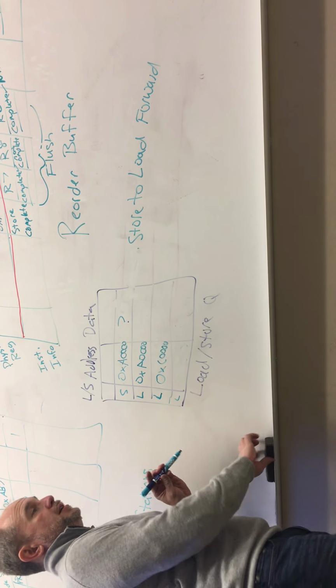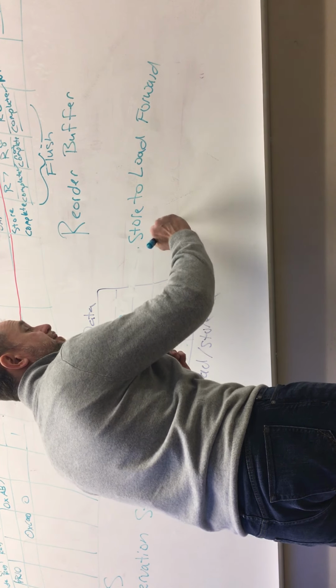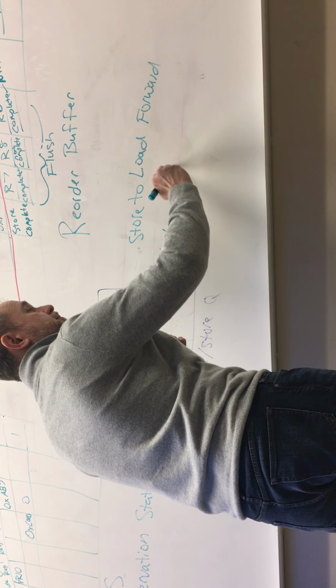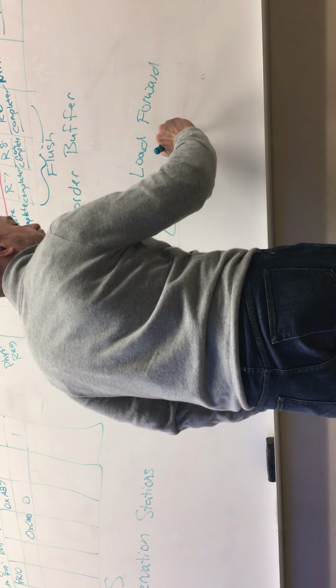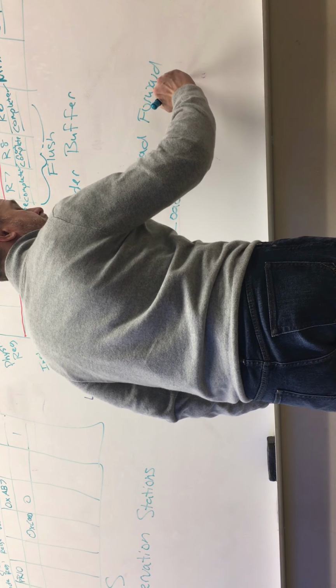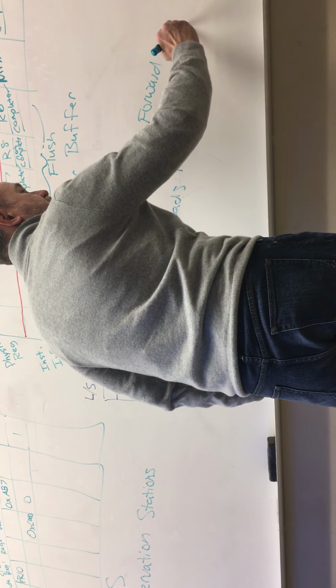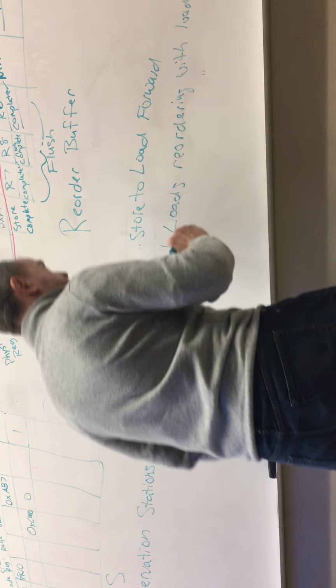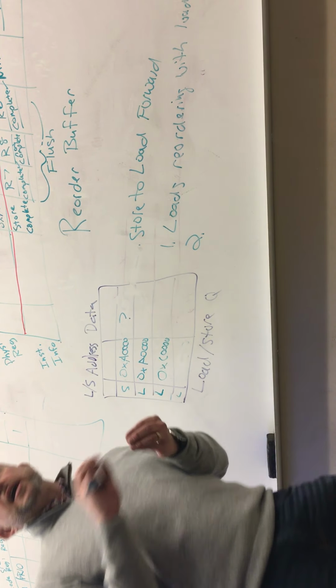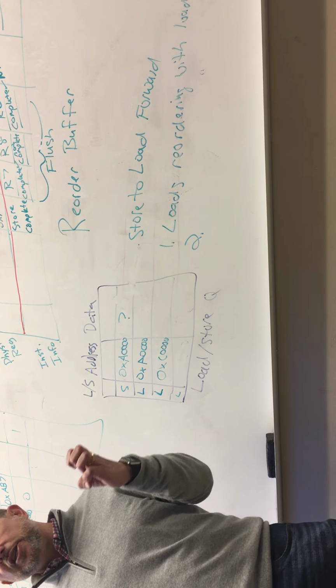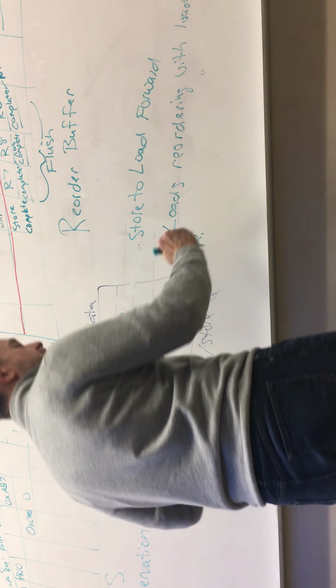So, we talked about a couple cases. Loads reordering with loads, seems like we pretty much want to do that, otherwise we're going to have pretty serial execution in our out-of-order processor.